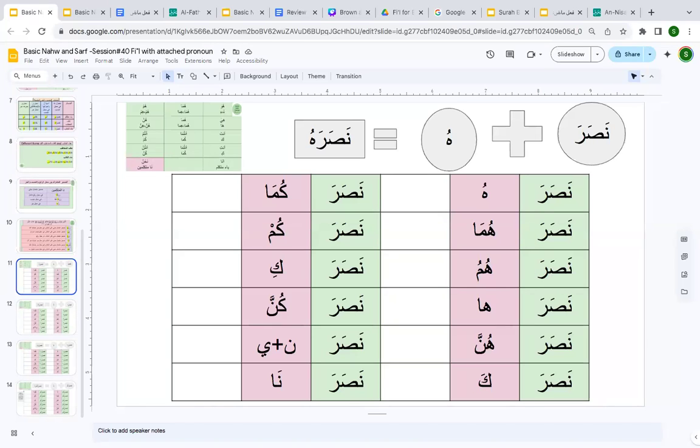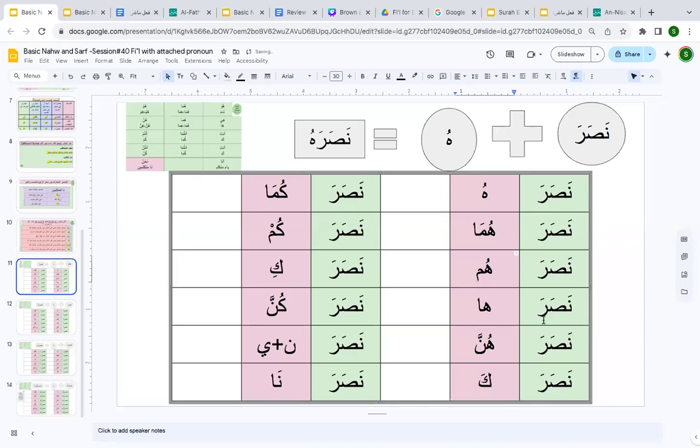It should not be with the dhamma, it should be just with the sukun. Nasaraha. How will you translate it? This is how you make sure your translation for your attached pronouns is solidified. Don't forget the meanings of all the attached pronouns that you learned in term 1. He helped her. Nasarahunna, he helped them, all females.